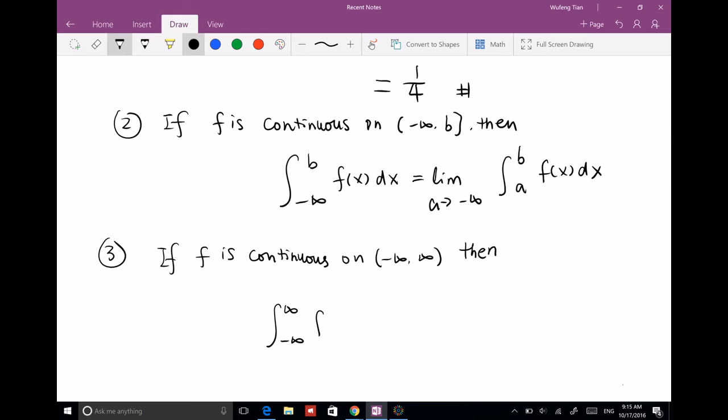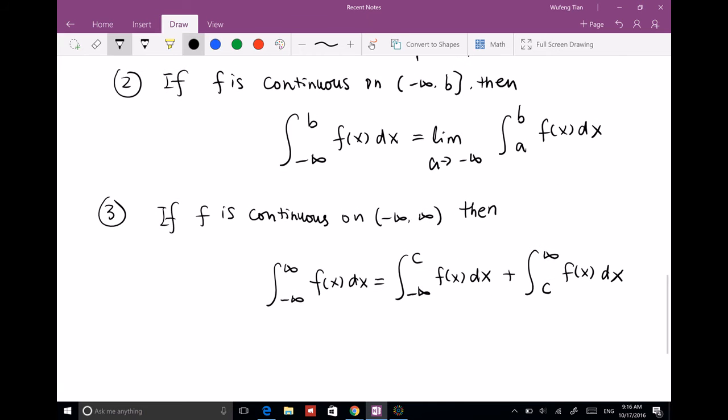You have both upper and lower boundary are infinity. So the integral of f(x) dx equals negative infinity to c f(x) dx. Then this is only one thing. It's only one boundary, right? And then plus c to infinity f(x) dx.